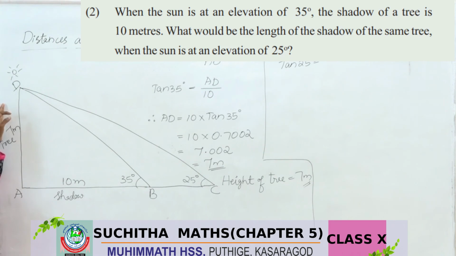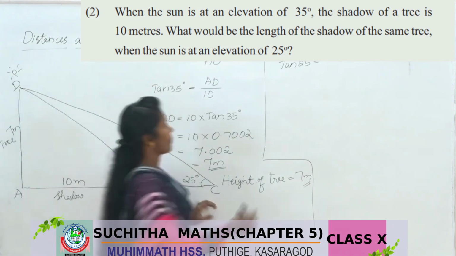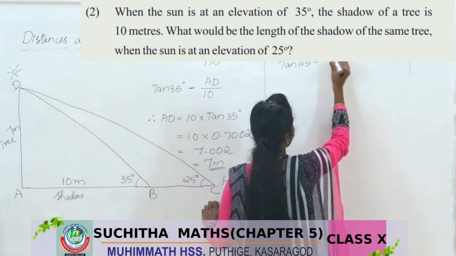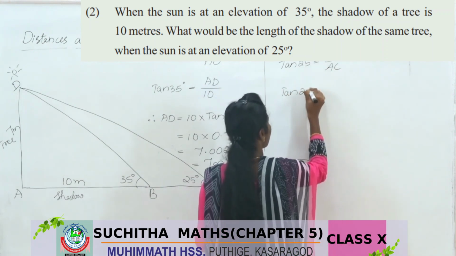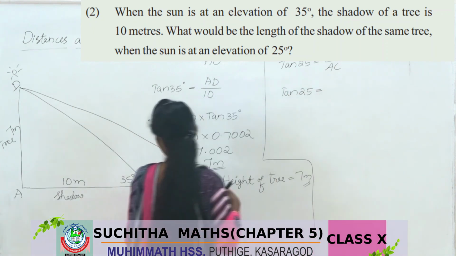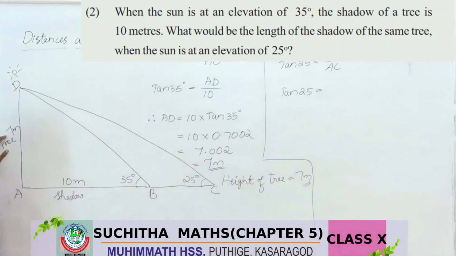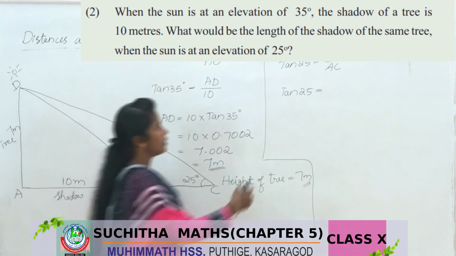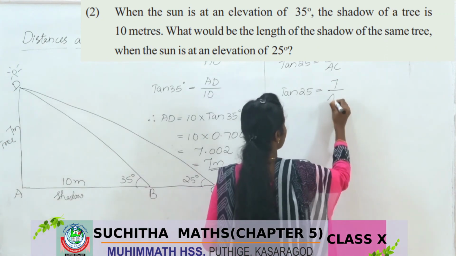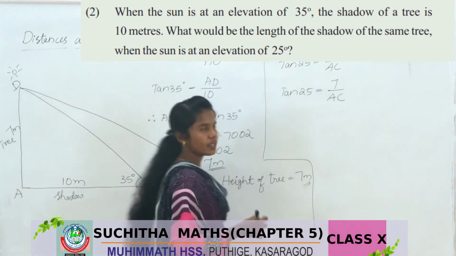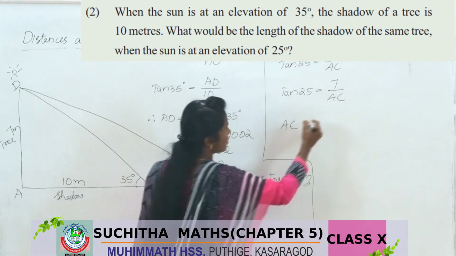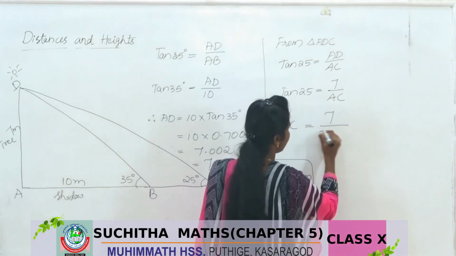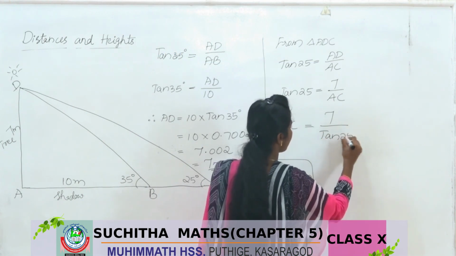So opposite side divided by adjacent side, that is AD divided by AC. That is tan 25 degrees equals AD, the opposite side is 7 meter, that is 7 divided by AC. AC is not given. Therefore, AC equals 7 divided by tan 25.